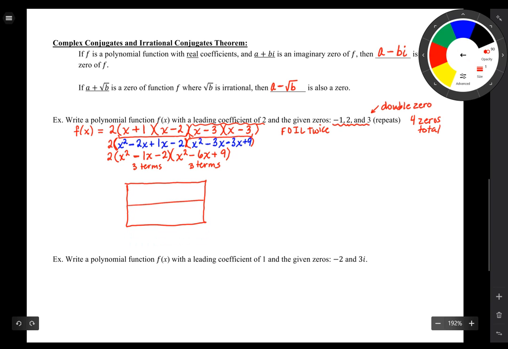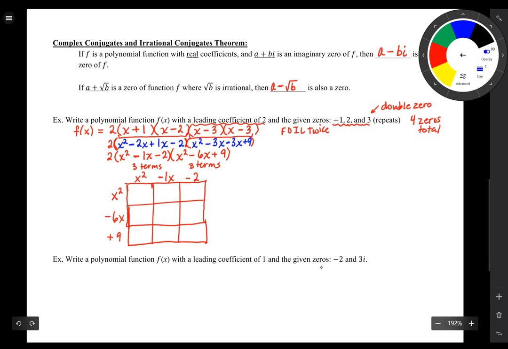It's okay. It's not any better, but it's going to do. Right? So we're going to have x squared minus 1x minus 2. And over here, we're going to have x squared minus 6x plus 9. Notice we still haven't multiplied by that 2 that's outside the parentheses. We'll deal with that later.